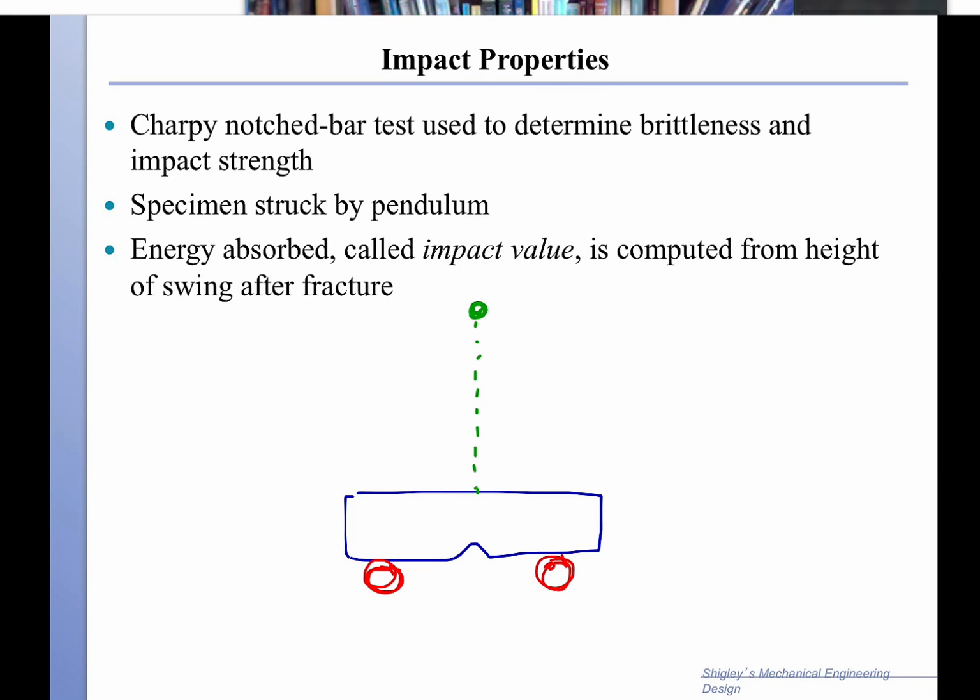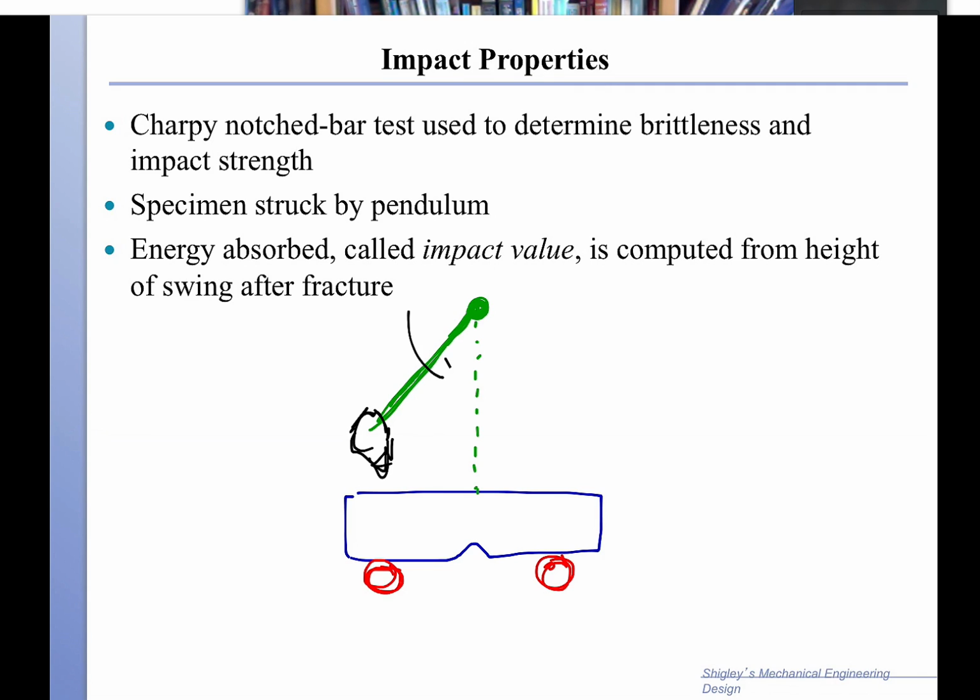It starts with the fulcrum at that point, and then you have an arm, and the arm of the pendulum is here, and then you have an impact anvil that has a sharp edge like that.